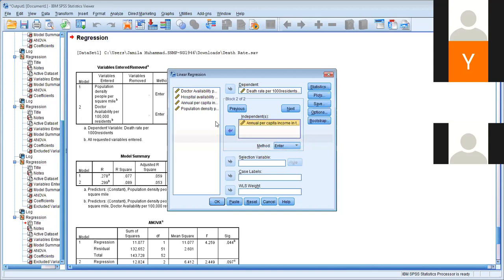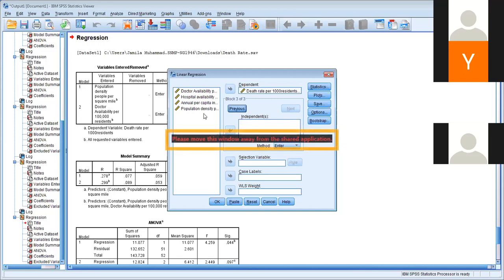Okay. Put next. Now move the doctor availability inside. Put next. Then move the hospital availability. Okay.